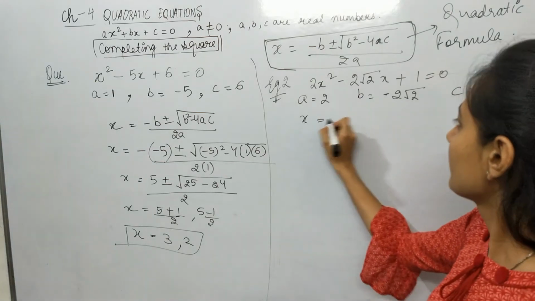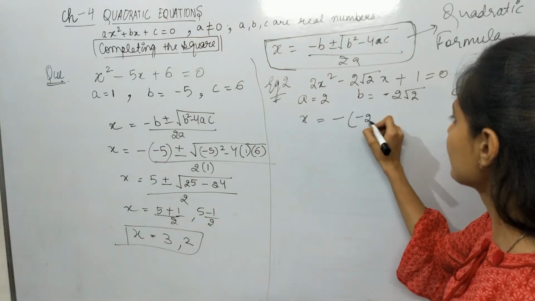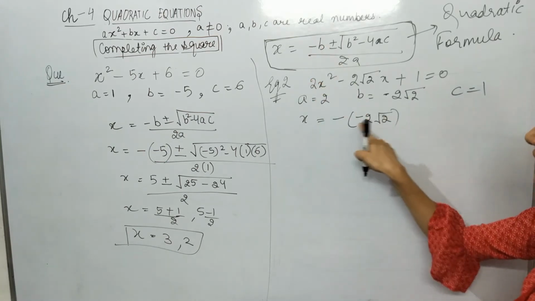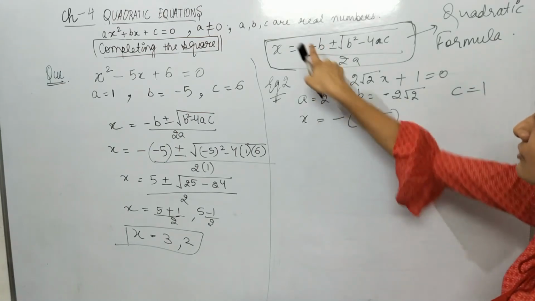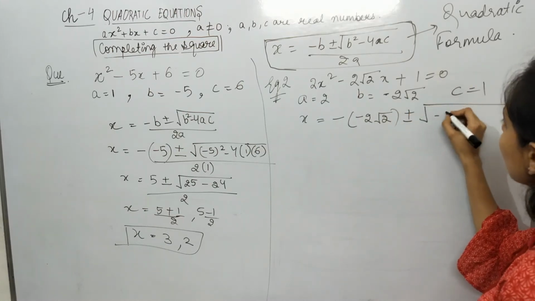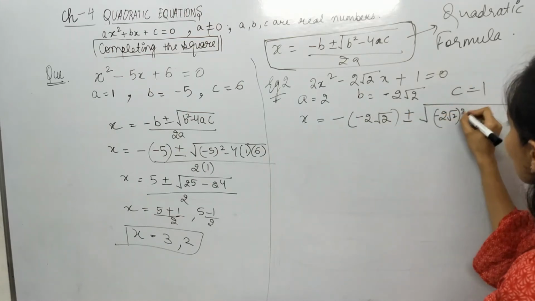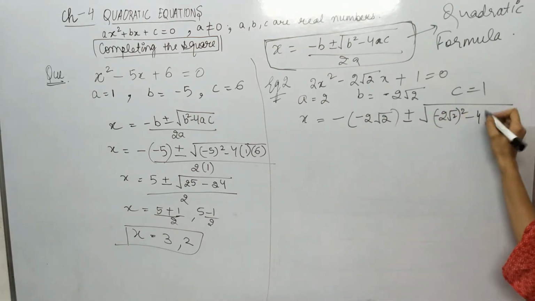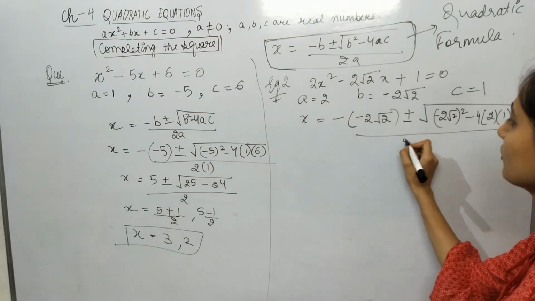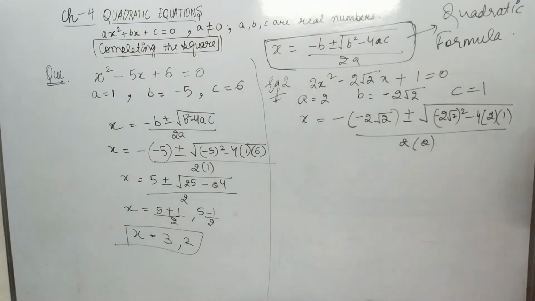So x will be minus of minus 2 root 2. Formula is minus b, so b is minus 2 root 2. Negative is with formula, plus minus under root, what is b? Minus 2 root 2 whole square minus 4 into a into c upon 2 into a.